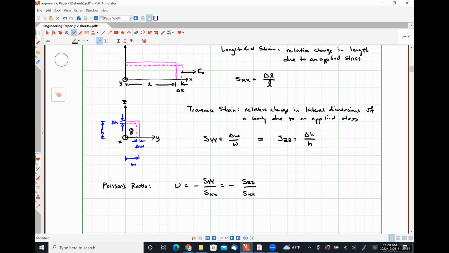This is a material property of the structure the beam is made out of. So if we elongate it, we should see that the other lateral dimensions get smaller. If we were to try to squish the beam, we should see that the lateral dimensions get larger.